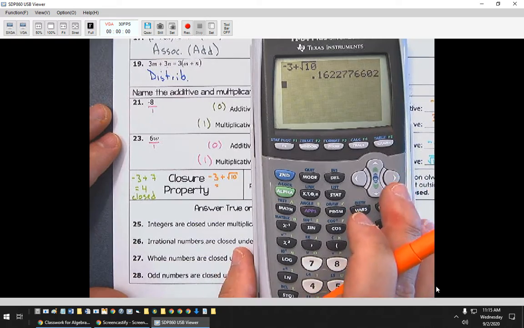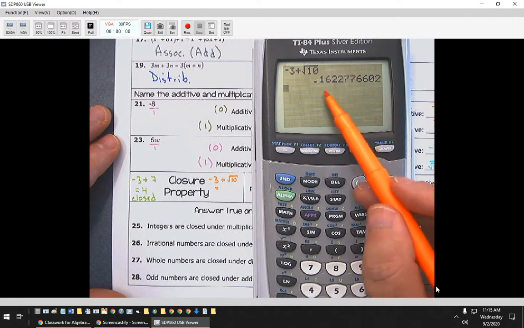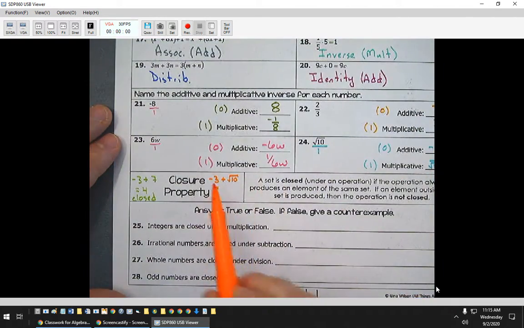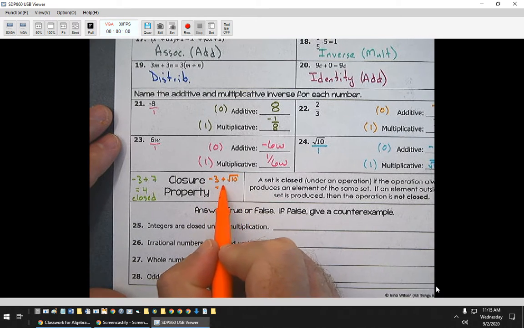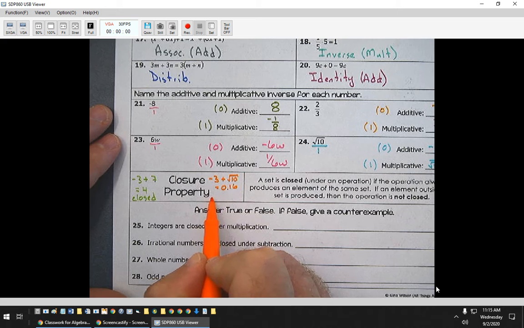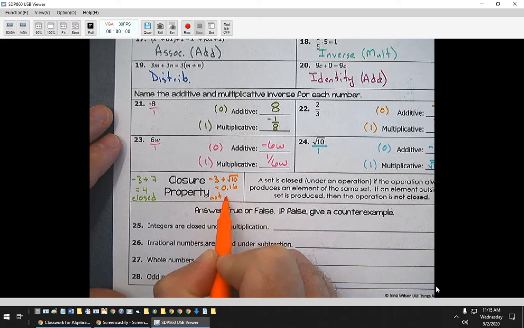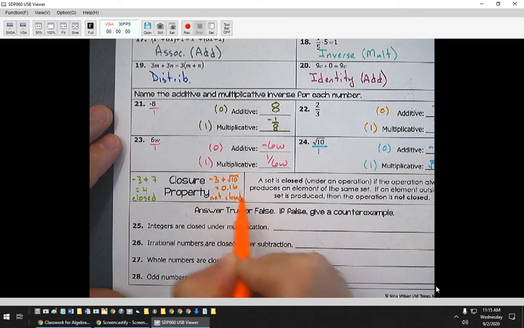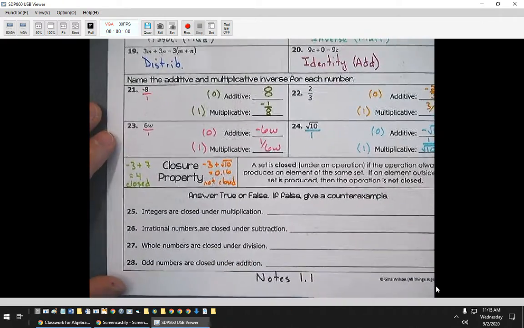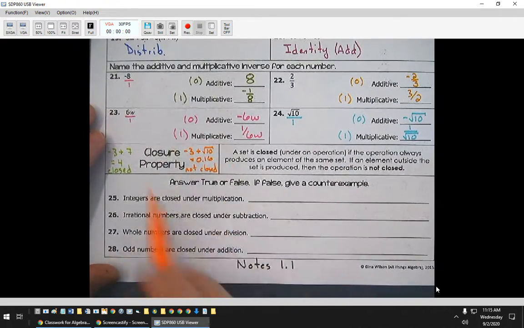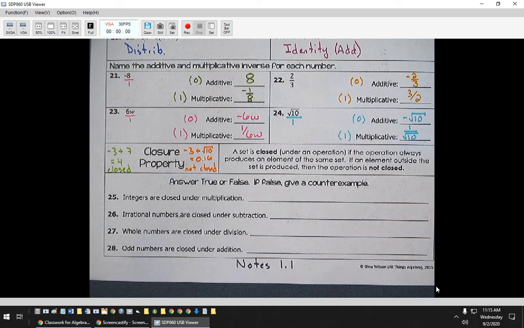But what did we say about integers? Integers are not allowed to be decimals. So I took an integer, I added something, and I got something that's not an integer. So this is not closed. Hopefully that makes sense. Don't overthink it. I can put together some examples when you guys come into class.